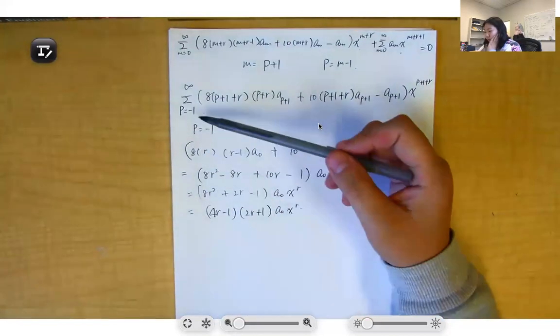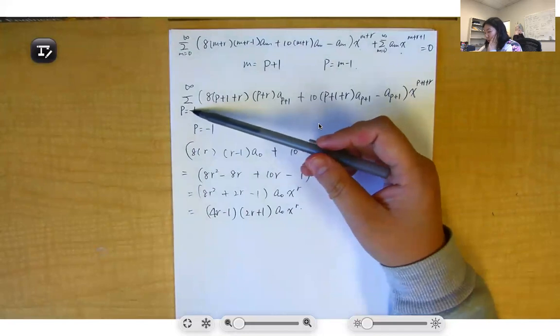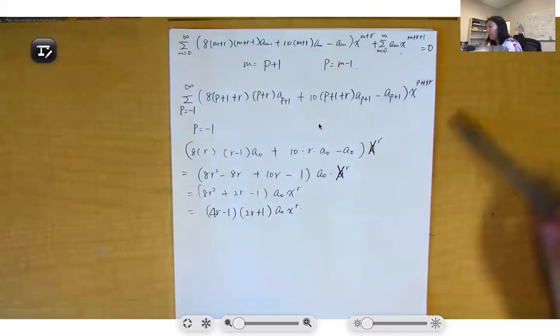Then everything can shift from p equals 0 to infinity with all these terms.